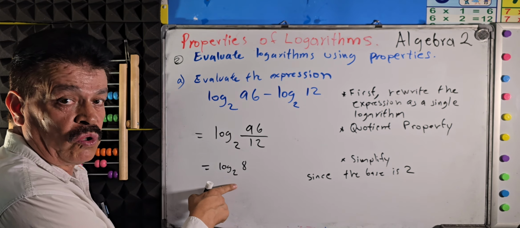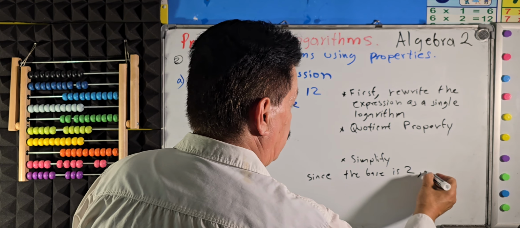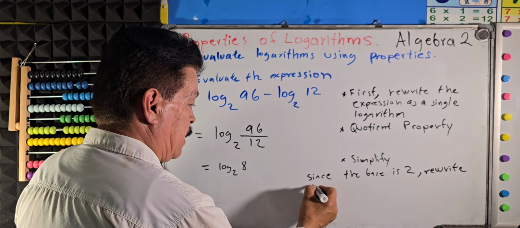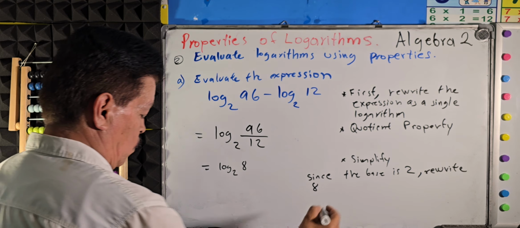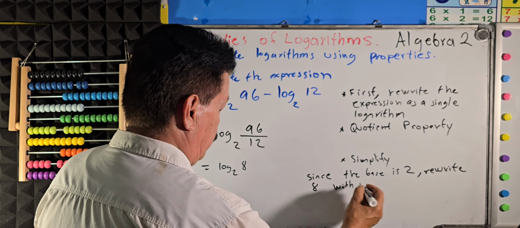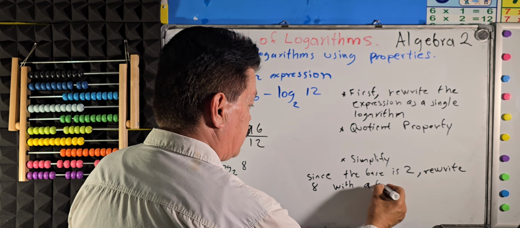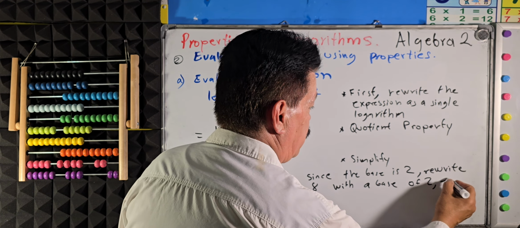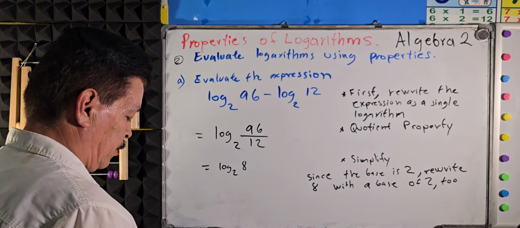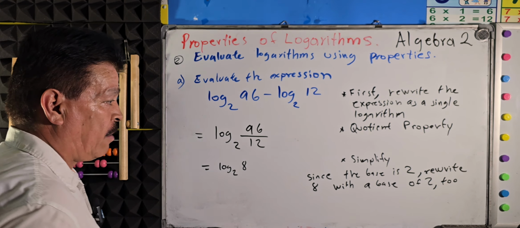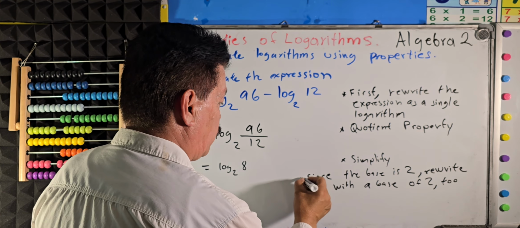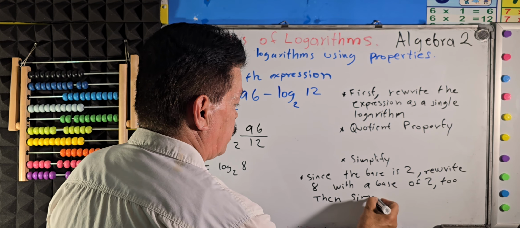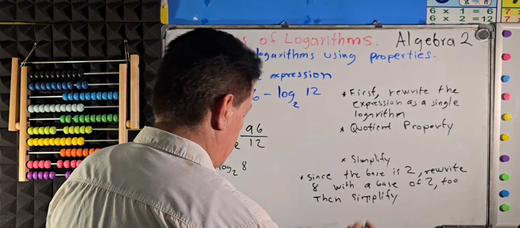Since the base is 2, rewrite 8 with a base of 2. And then simplify. Now this is another step.